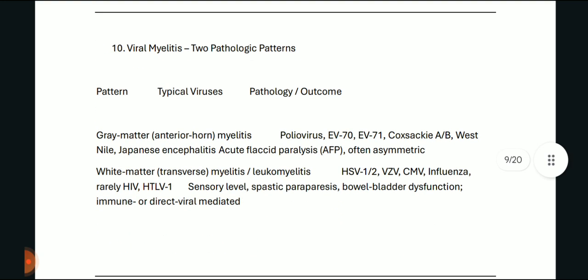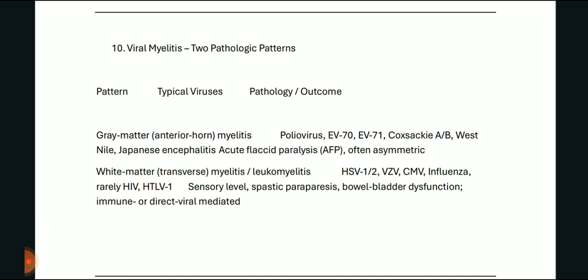So far having discussed, there can be two pathologic patterns about viral myelitis. Like what pattern? There can be gray matter myelitis of the anterior horn, and there can be white matter myelitis. What is myelitis? It involves the inflammation of the spinal cord. Now, the gray matter myelitis of the anterior horn is caused by poliovirus, EV70, 71, Coxsackie virus A and B groups, West Nile, Japanese encephalitis.